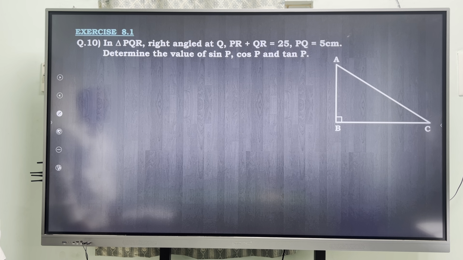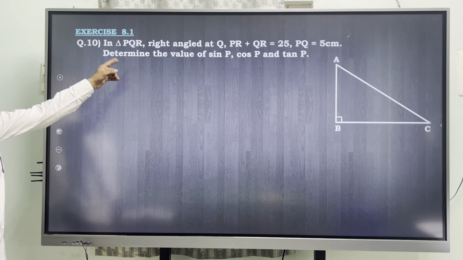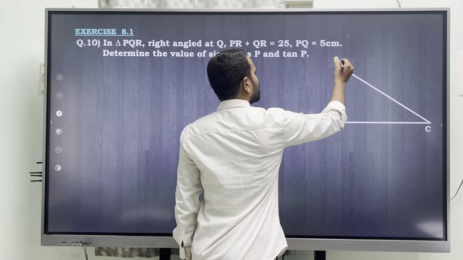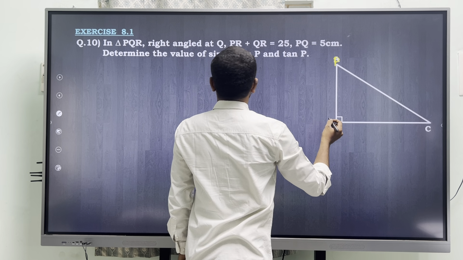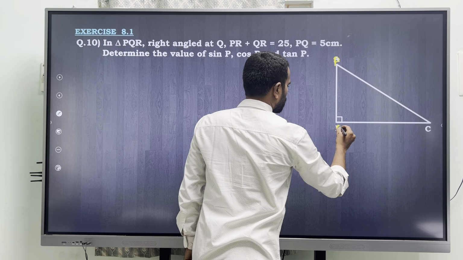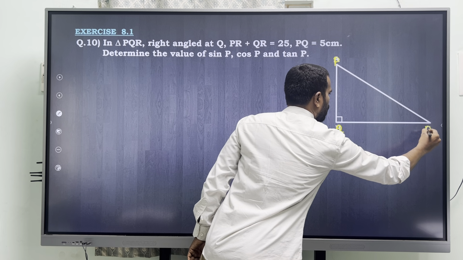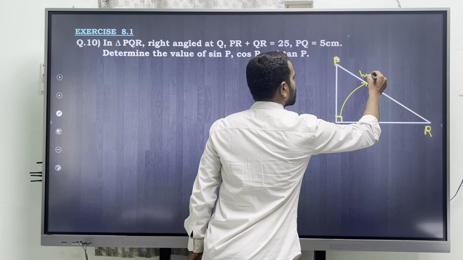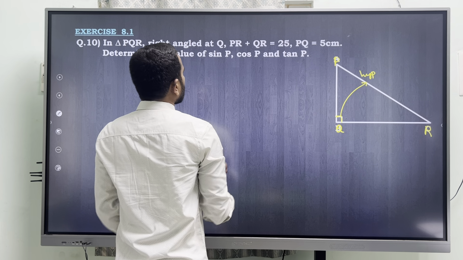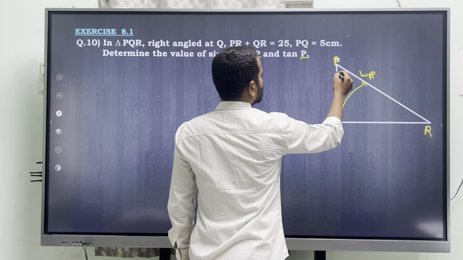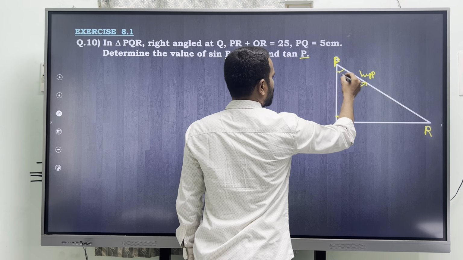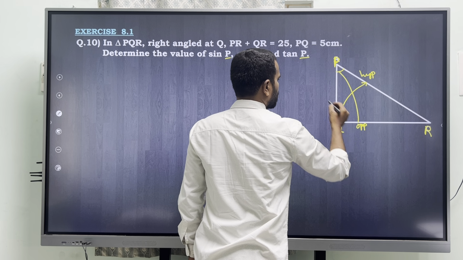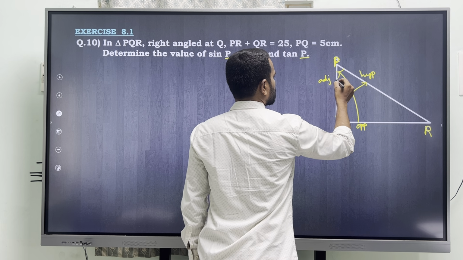Determine the value of sin P, cos P and tan P. So the triangle PQR is given here, right angled at Q, so this becomes the hypotenuse. Now we want the P values, so this is P, opposite to this is the opposite side and this is adjacent.